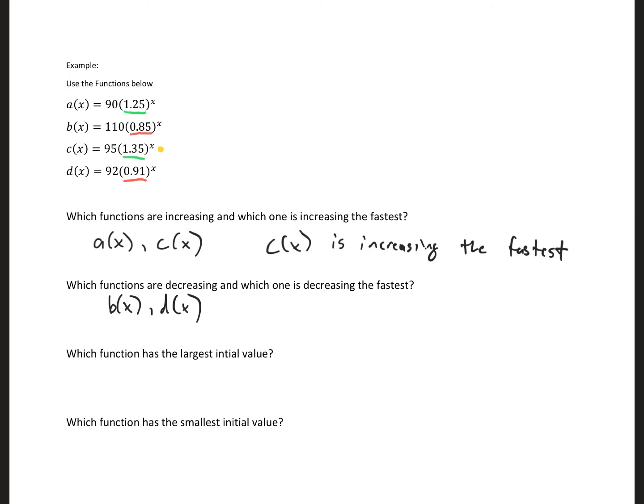Here, since 0.85 is the smallest number, multiplying by 0.85 over and over and over again is going to cause the function to decrease at a faster rate than multiplying by 0.91. So in this case, b of x is decreasing the fastest.